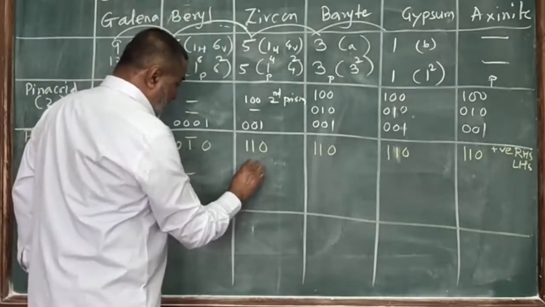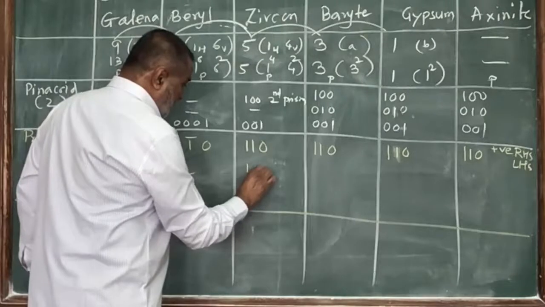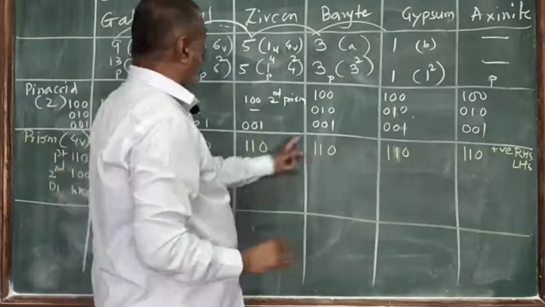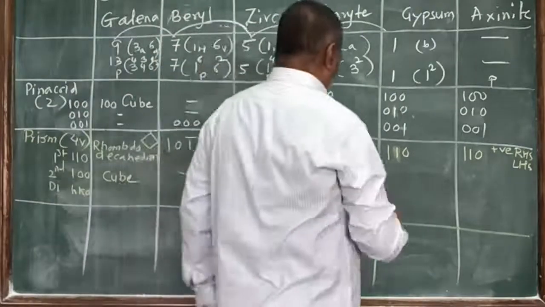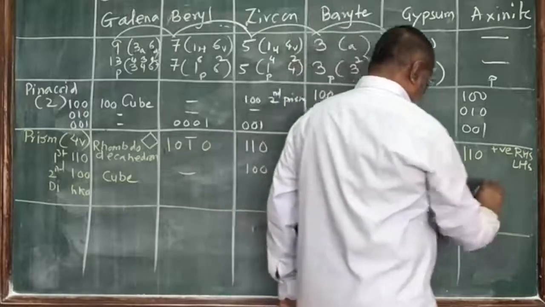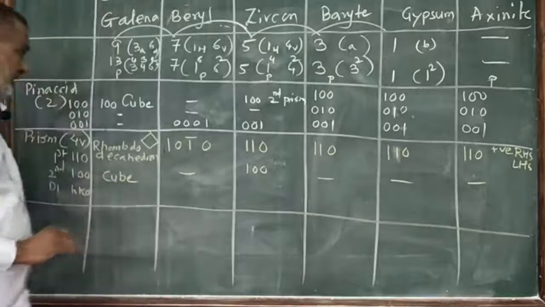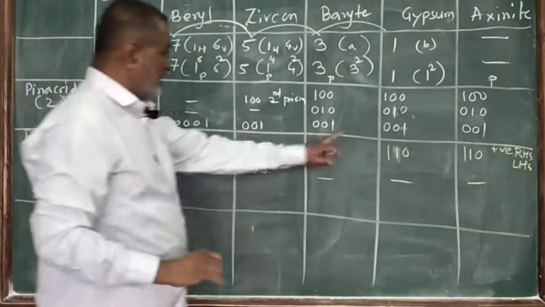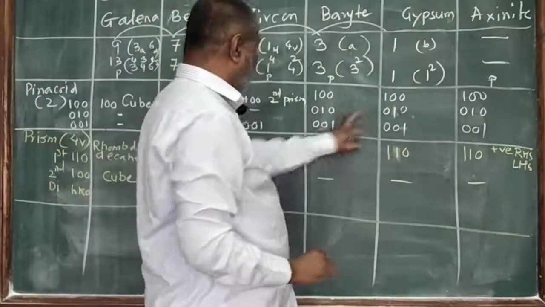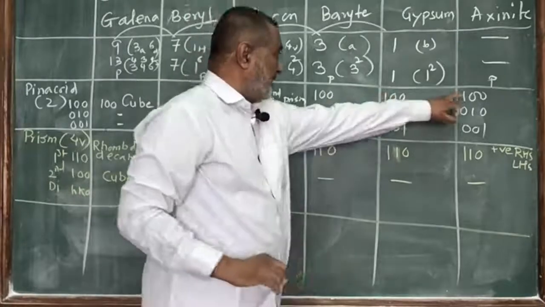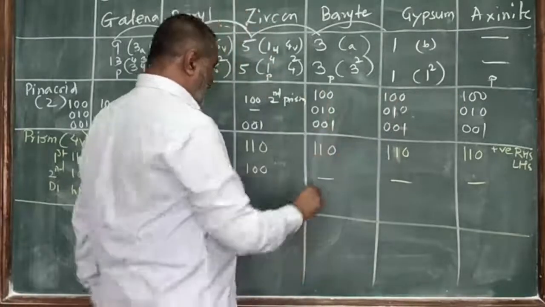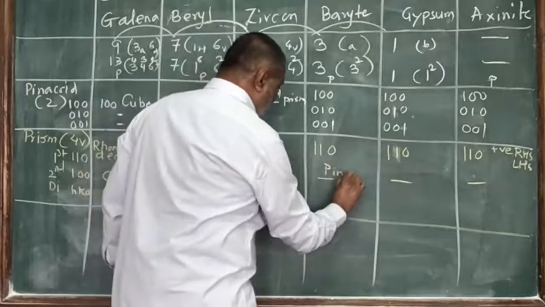What is the second order? 1 0 0, second order. Orthorhombic system, we don't have second order. Monoclinic system, we don't have. And in the triclinic system also, we don't have. Whatever we have is the indices 1 0 0. These are there, but they are pinacoids. If you want to mention here, the pinacoid is there.